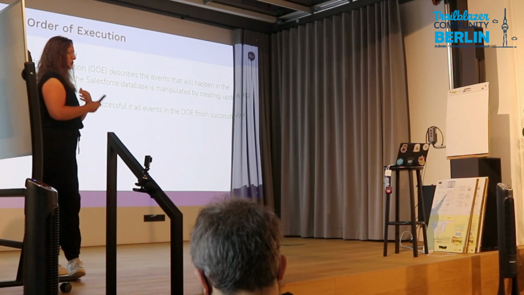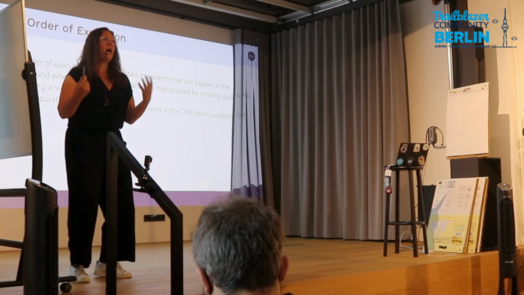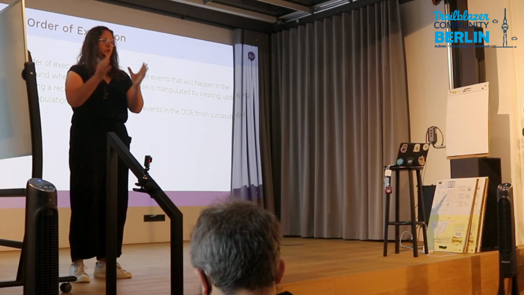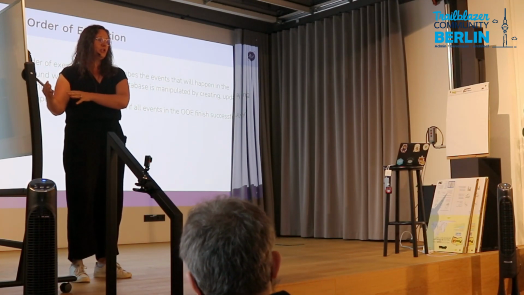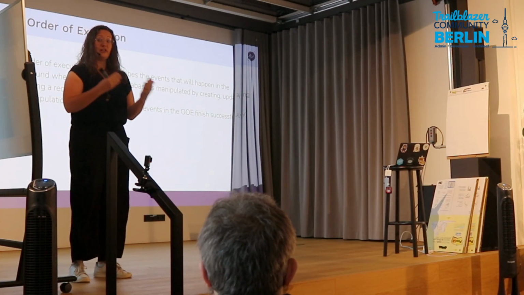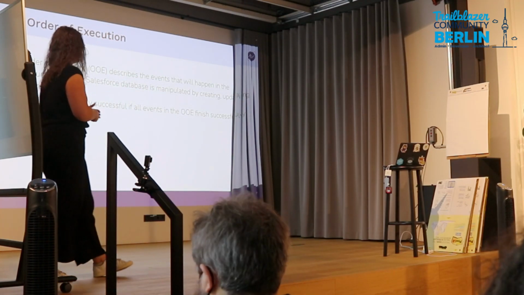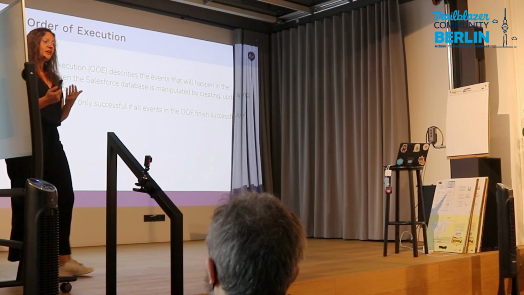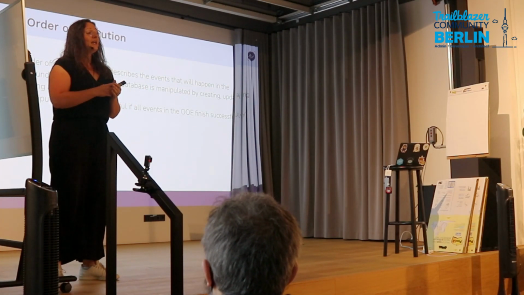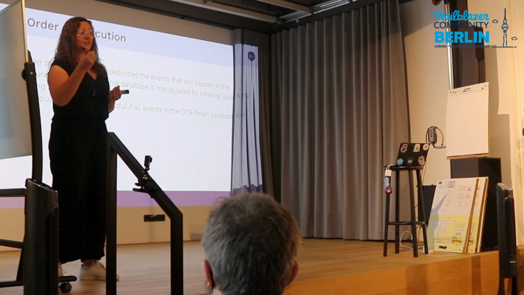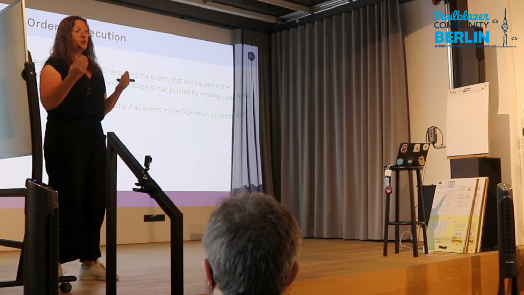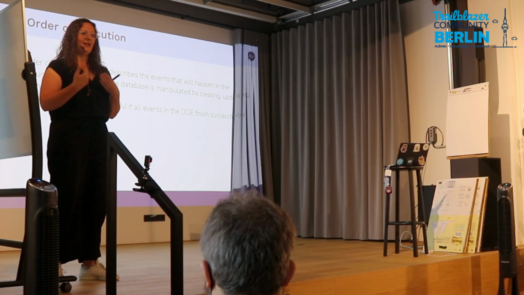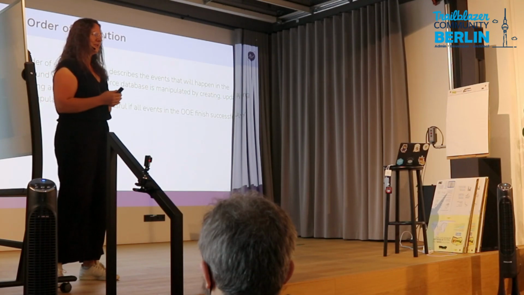And the order of execution, it's not something that we set up or that we can configure. It's just the order of events that Salesforce performs upon that manipulation. So we need to know what's happening, and we need to know the order in which it is happening. And the manipulation of something in the database, like creating a record, it actually only is a successful creation if the order of execution can go all the way through without running into any errors. And we'll talk about some of those errors in a few minutes.